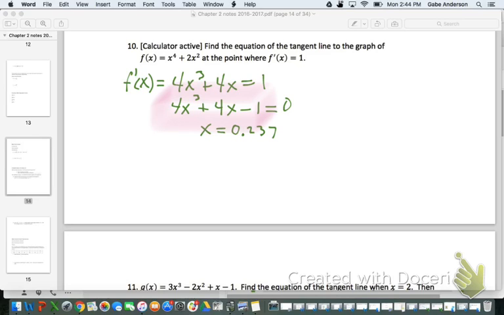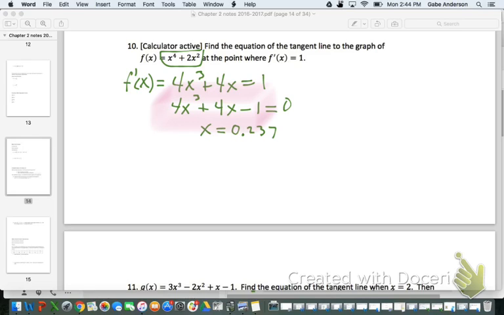So when you used the zero finder, you were simply finding where f prime was 1. It was not the x and the y coordinate for the point of tangency. Okay? That make sense? Kind of. So if you graph this, the point 0.237 comma 0 is probably not on that graph. Okay. And that's the graph of the curve, right?